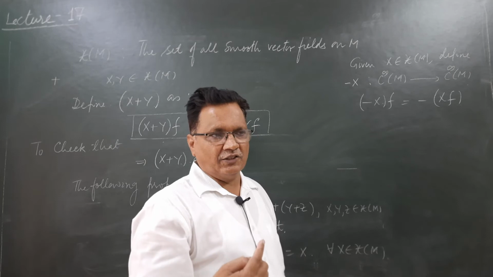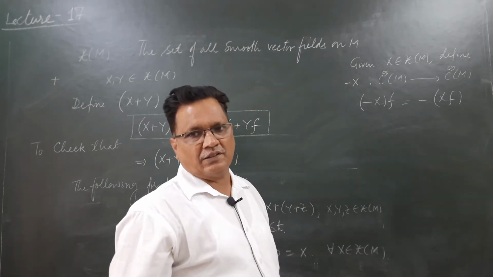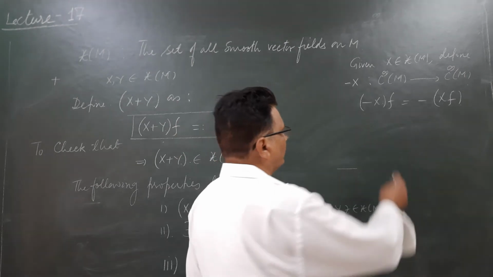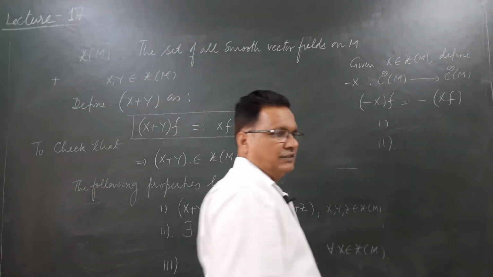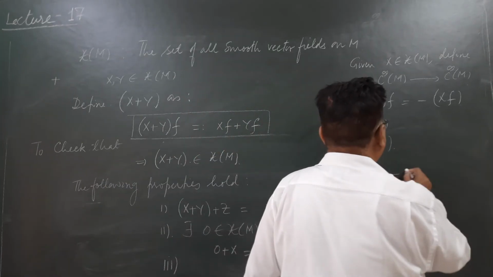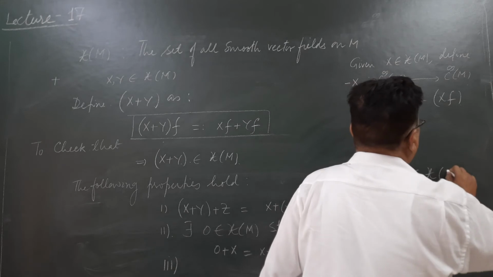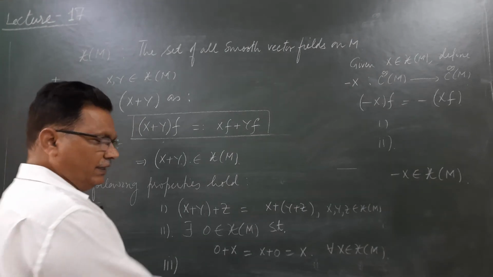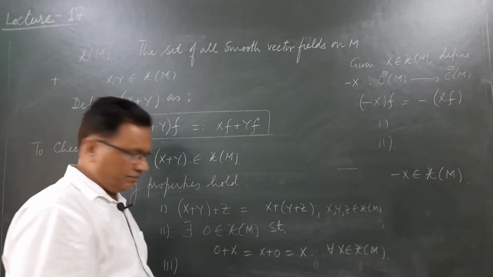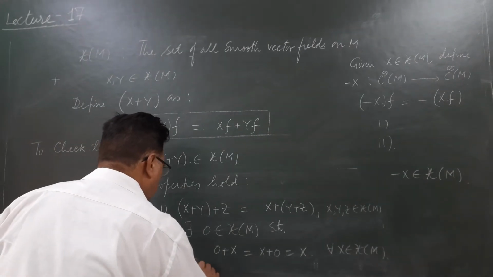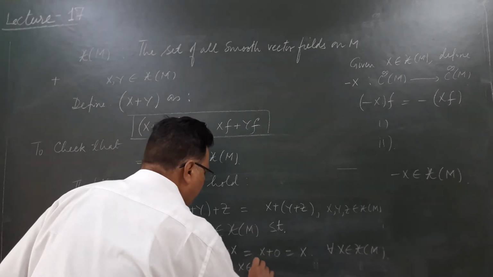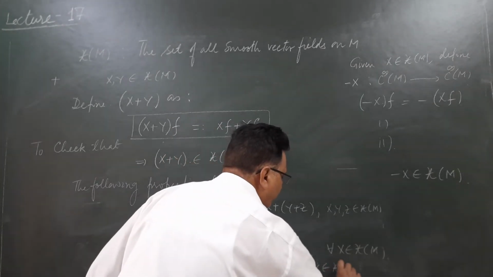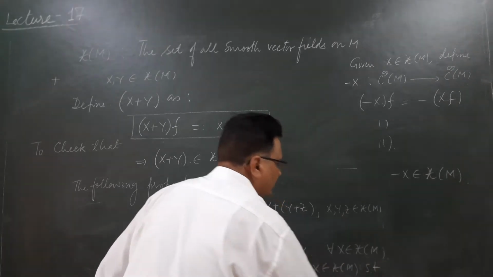Both the properties, characterizing properties, linearity as well as Leibniz property, वो दोनों चेक होने के बाद ही आप कहेंगे कि माइनस एक्स बिलोंग्स टू chi m है. तो वो दोनों प्रॉपर्टीज़ मैं छोड़ रहा हूँ एज एन एक्सरसाइज. वंस दीज टू आर वेरीफाइड यू विल से माइनस एक्स बिलोंग्स टू chi m है. और जब माइनस एक्स chi m में बिलोंग कर गया, तब आप देखेंगे कि इसके अंदर एडिटिव इन्वर्स वाली प्रॉपर्टी है कि नहीं. सो देयर फॉर ईच x in chi m, there exists minus x in chi m such that what happens?